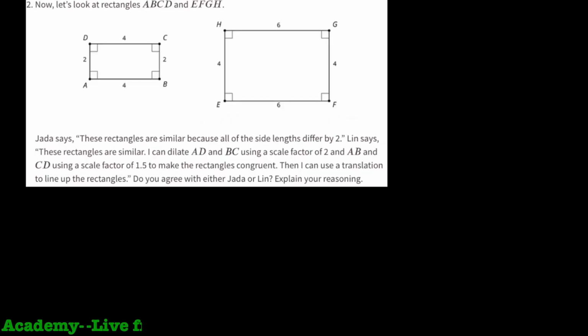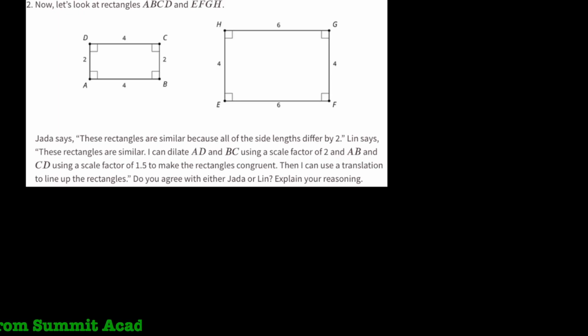For number 2, it says, now let's look at these rectangles ABCD and EFGH. Jada says these rectangles are similar because all of the side lengths differ by 2. And Lynn says these rectangles are similar. I can dilate AD and BC using a scale factor of 2 and AB and CD using a scale factor of 1.5 to make the rectangles congruent.